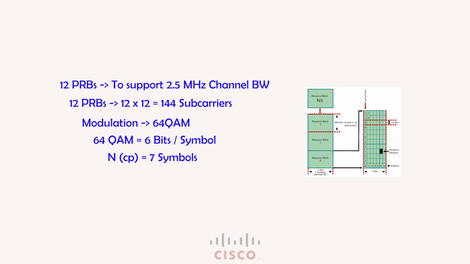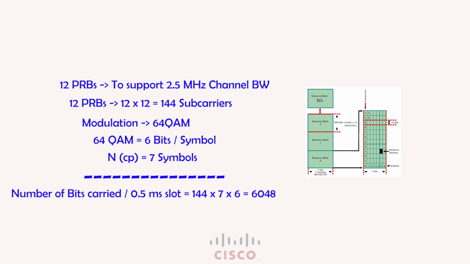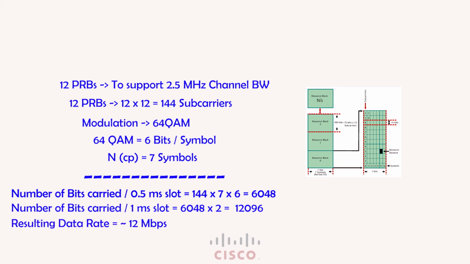For a 0.5 millisecond time slot, the bits carried is 144 subcarriers multiplied by 7 OFDM symbols multiplied by 6 bits per OFDM symbol, which is 6048 bits. Now for a 1 millisecond subframe, it will be 6048 multiplied by 2, which is equal to 12,096 bits. Thereby, the resulting data rate of an LTE subframe is 12,096 bits per millisecond, or 12 Mbps.